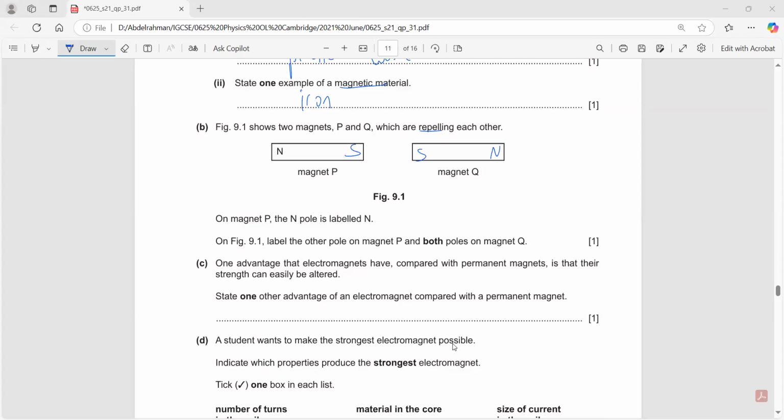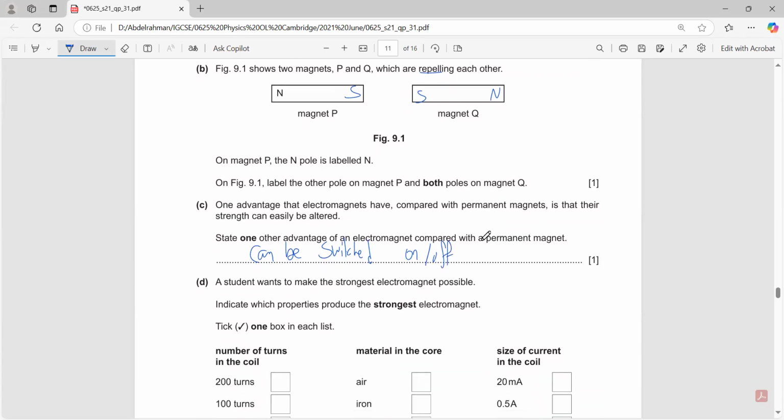If you say high strength as an answer, it would be wrong. Some more suitable answers would be that we can switch it on and off. It can be switched on and off.